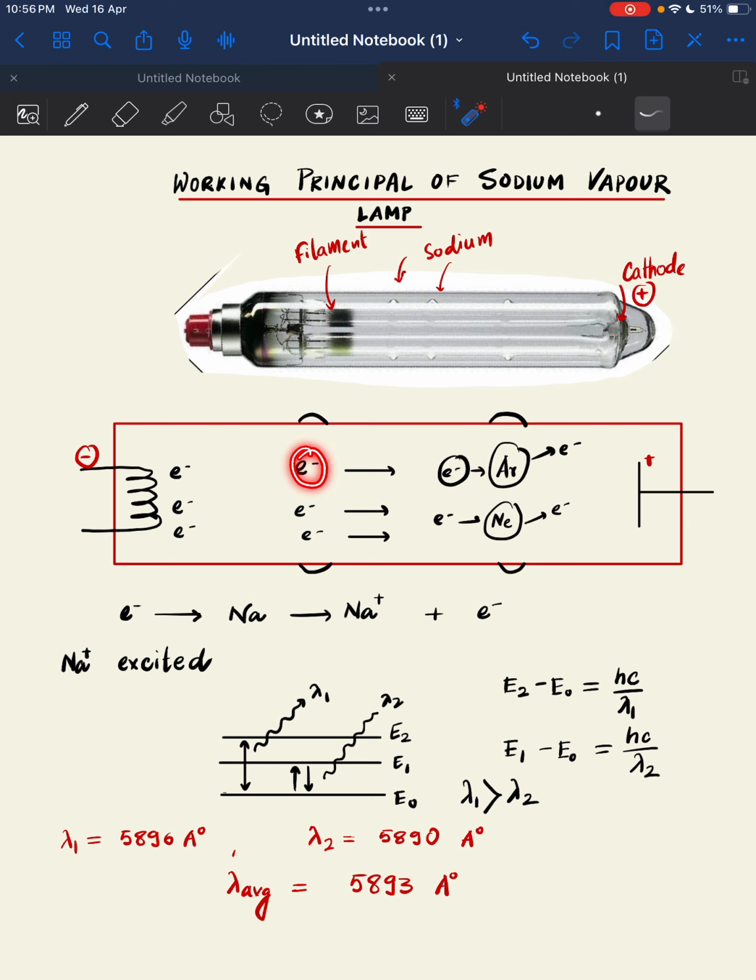In the process, these electrons will collide with the argon and the neon gas particles. So an electron can collide with the argon, and this one can collide with the neon as well. When an electron hits an argon or a neon, it will excite the argon atoms and the neon atoms.